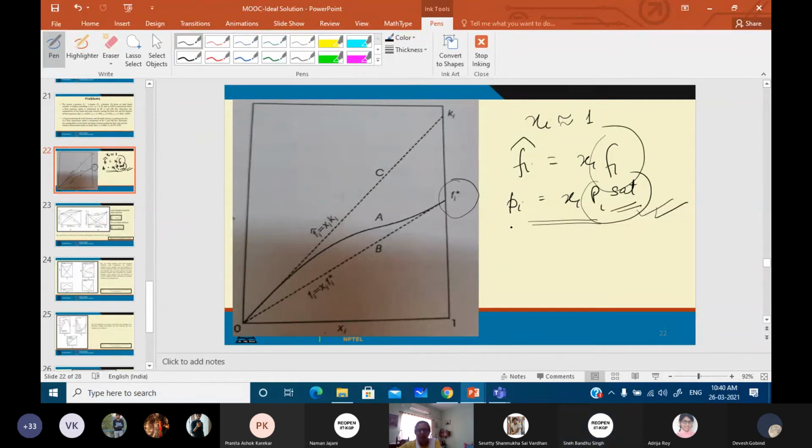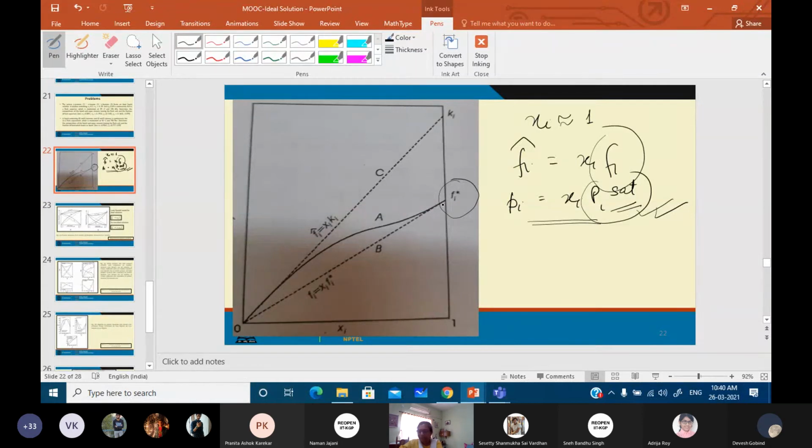Perfect. Under that condition, for the component, the solid or the gas or whatever it is, we do not use the condition for xi tends to 1. We use the condition for xi tends to 0. Now remember one thing, whenever for an actual system you are plotting the fugacity as a function of composition, we find that at very low compositions and at very high compositions, the curve becomes linear.